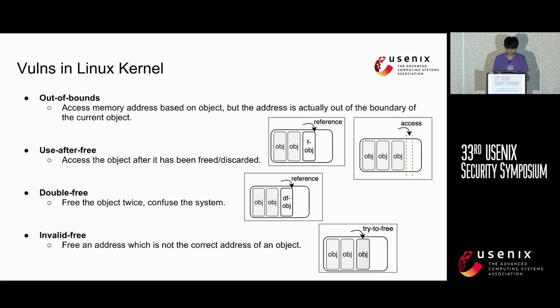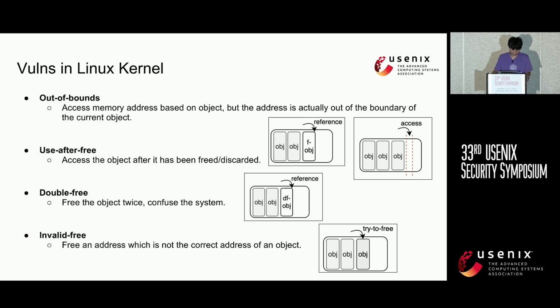First, let's talk about the vulnerability in the Linux kernel. As we all know, the Linux kernel, as one of the most important infrastructures in the digital world, suffers from different types of vulnerability, such as out-of-bound. It happens when attackers access a memory address based on a certain object, but the address is actually out of the current object's boundary.